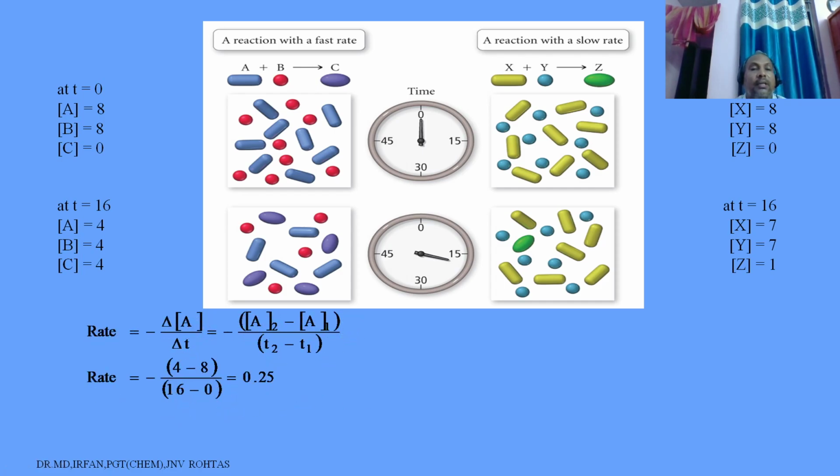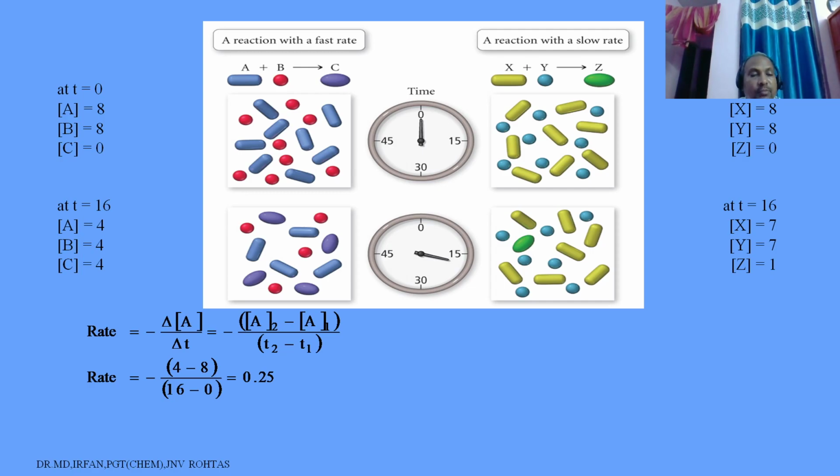Now let us see the rate of reaction with respect to reactant A or B. If we calculate the rate of reaction with respect to reactant A, since the concentration of reactant always decreases, a negative sign will be used.